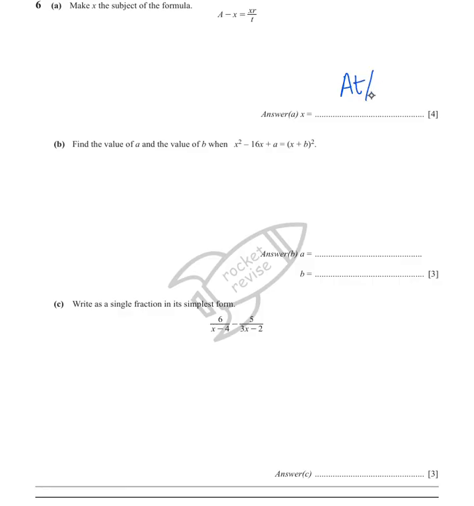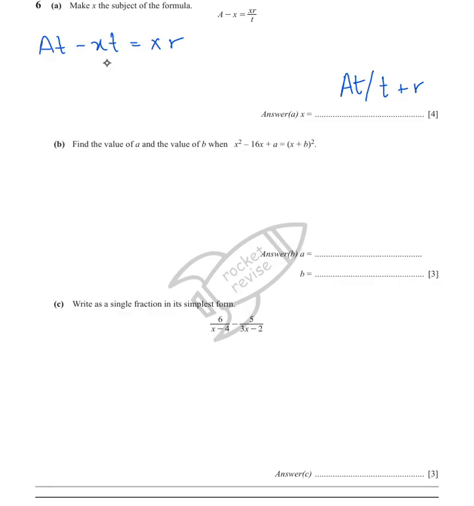AT over t plus r. Okay, according to you, that's the answer. Let's have a look. If we take t to this side of the equation, we will get AT minus xt equals xr, right? Just clear it up. Xr, okay.